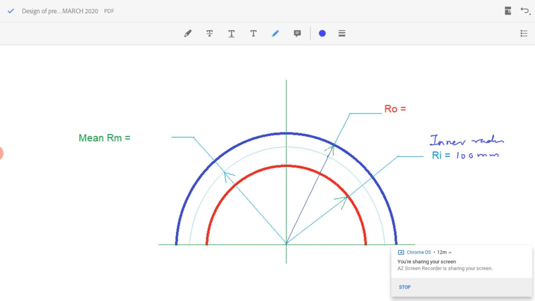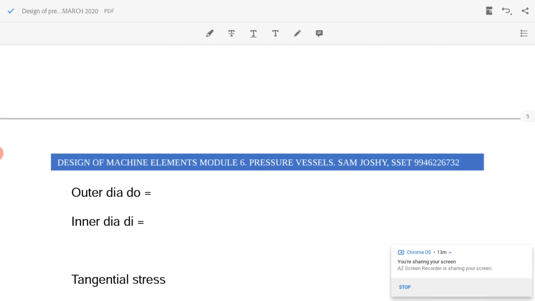Given thickness equal to 50 mm, the outer radius will be equal to 100 plus 50 equal to 150 mm. That gives the outer radius, and mean radius Rm will be equal to the average of 100 and 150, equal to 125 mm. So we have got all these values. Now we just have to substitute these values in our equation.